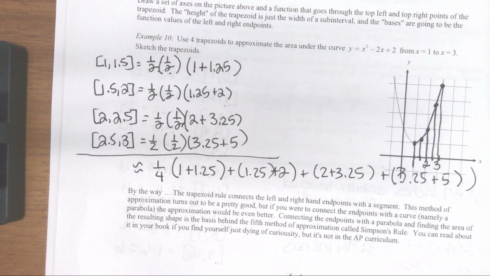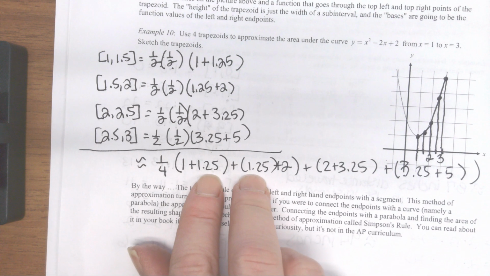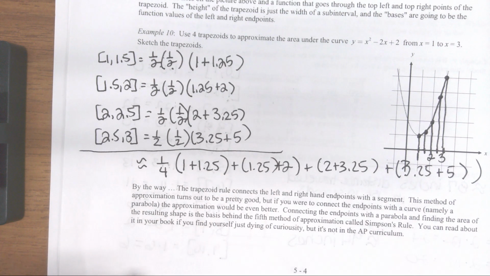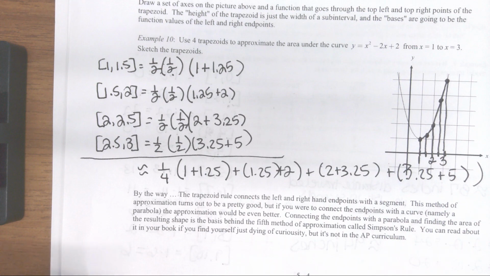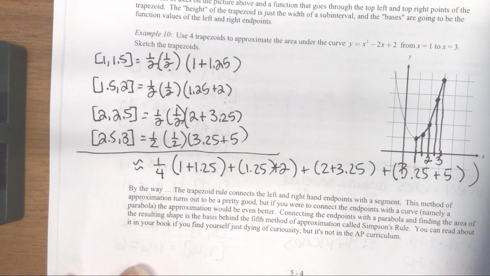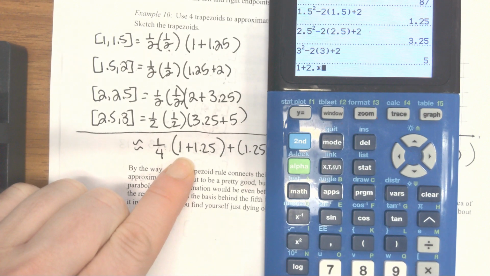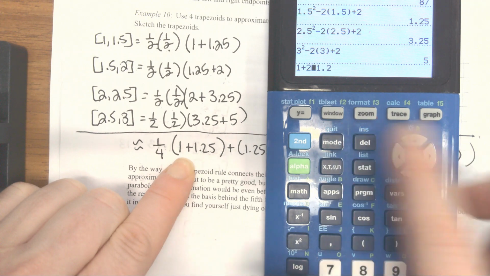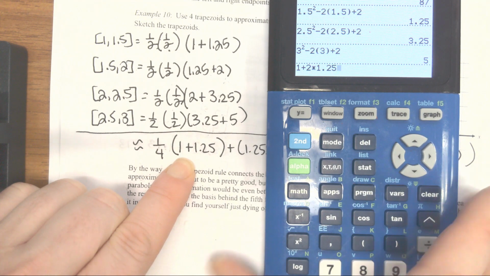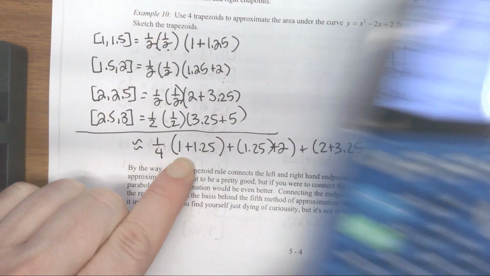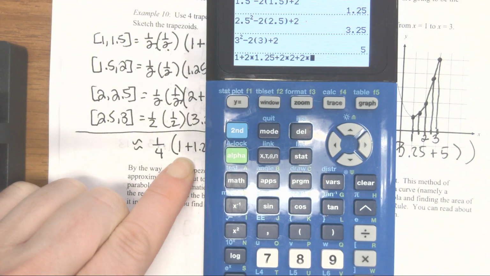Furthermore, if you want to save some time, do you notice besides the first number and the last number, there's double of each number because they're each part of one of the bases. So you could multiply those by 2 if you want. So what I'm going to do is 1 plus 2 times 1.25 plus 2 times 2 plus 2 times 3.25.